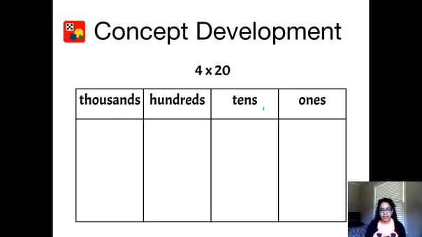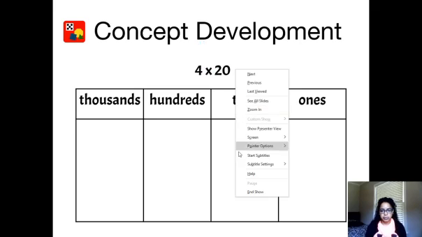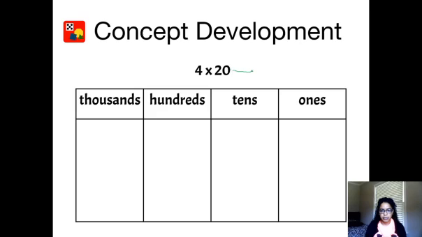So next one we have 4 times 20. So we can decompose this. You will have to do this on your problem set. So what does that mean? Let me go to my pen and use the arrow and show you how I would decompose this number.